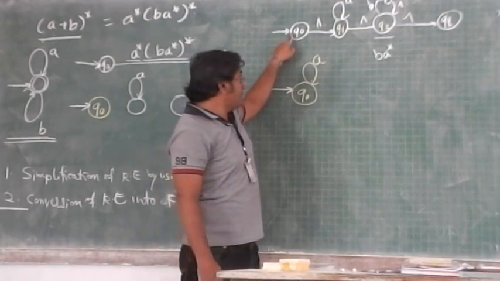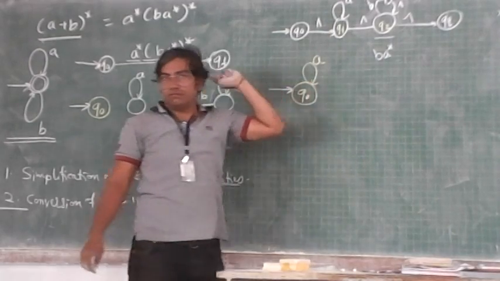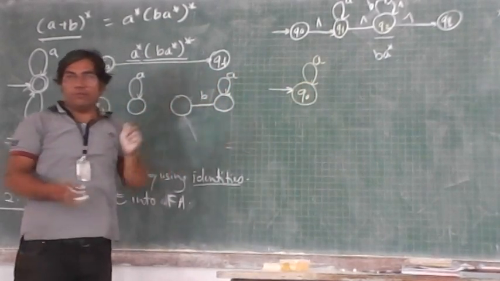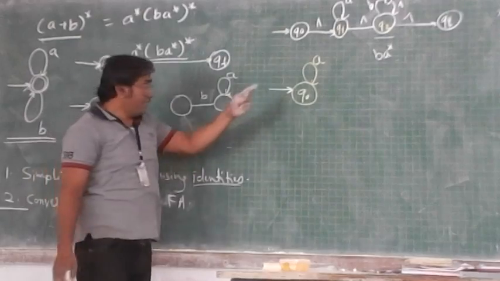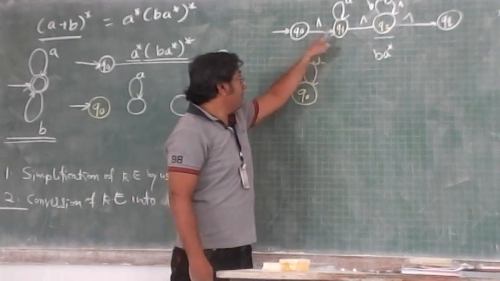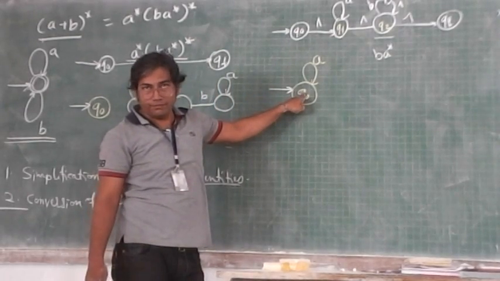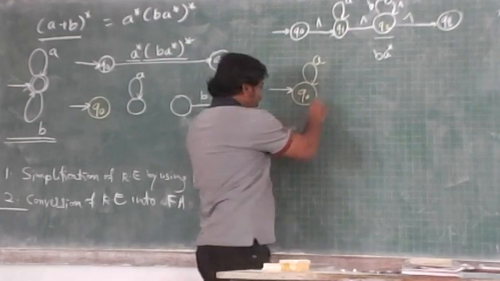So what I am doing here, to get 0 or more A's, I am simply moving with null from Q0 to Q1 until I get 0 or more number of A's. Exactly that I am able to get if I remove this null and merge these two states, I get this here only. Okay.